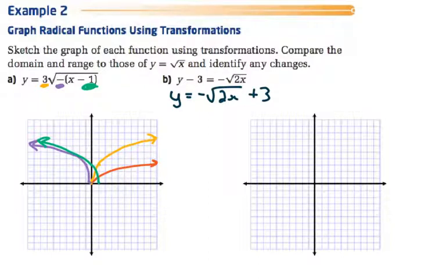Starting off with a standard function, points at 0, 0 and 1, 1. We have in our A slot a negative, so A is negative 1. Vertical stretch, but no numeric stretch, just the negative for a reflection.